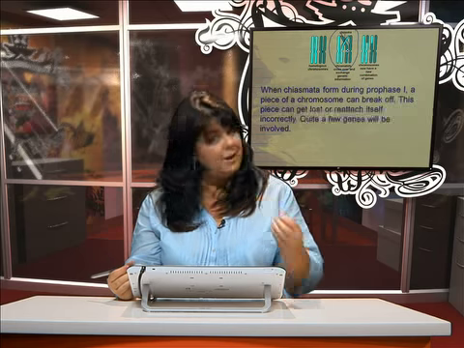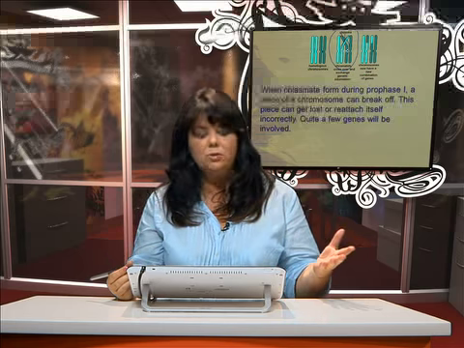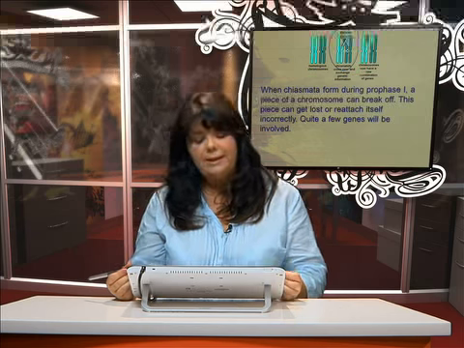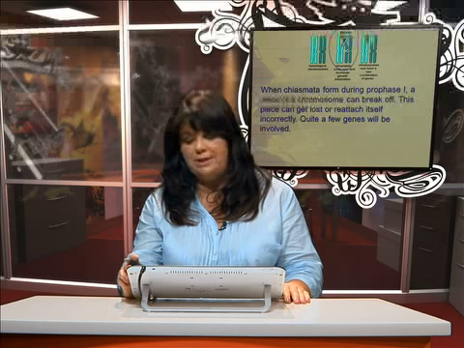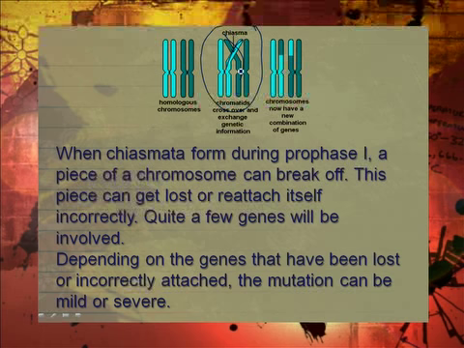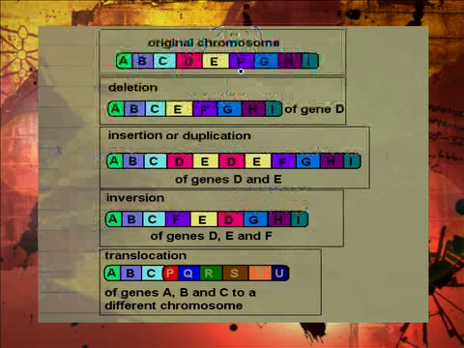It can get lost, completely lost, or it can reattach itself. And the problem is, if it doesn't reattach itself correctly, you're going to get quite a few genes involved in that particular mutation. Now, depending on the number or the particular type of genes that have been lost, the mutation could be mild or it could be severe.